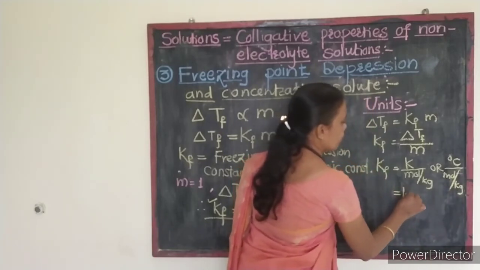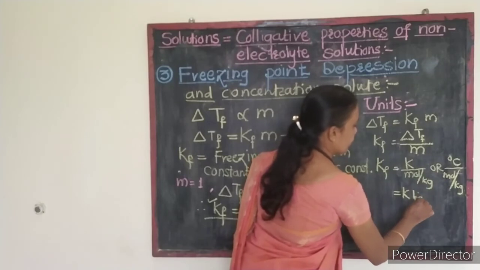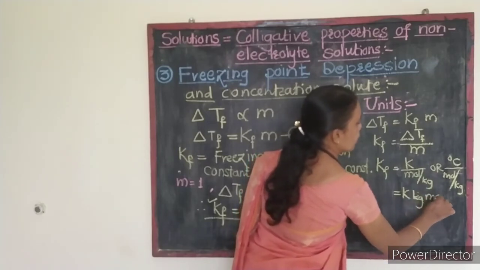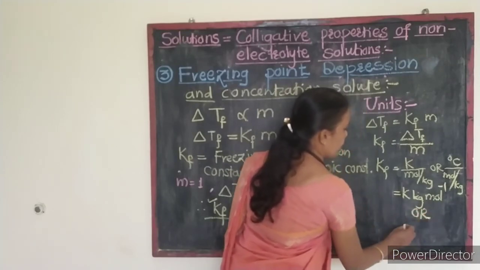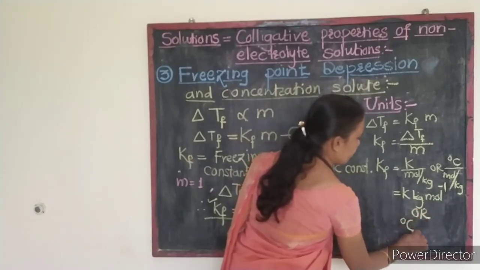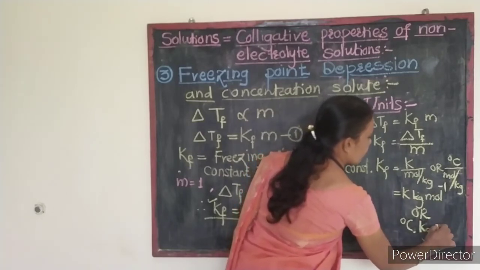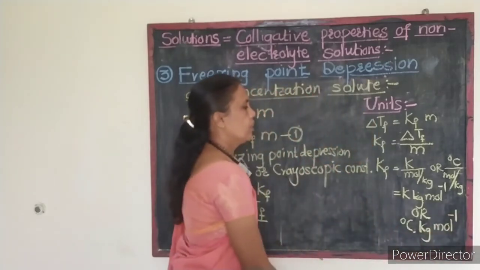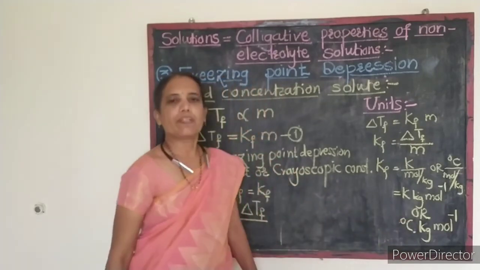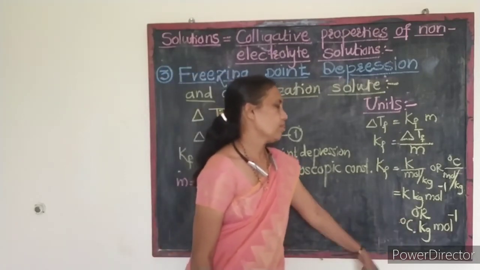By simplifying you can write Kelvin kg mole raised to -1 or degree centigrade kg mole raised to -1. These are units of depression in freezing point or cryoscopic constant.